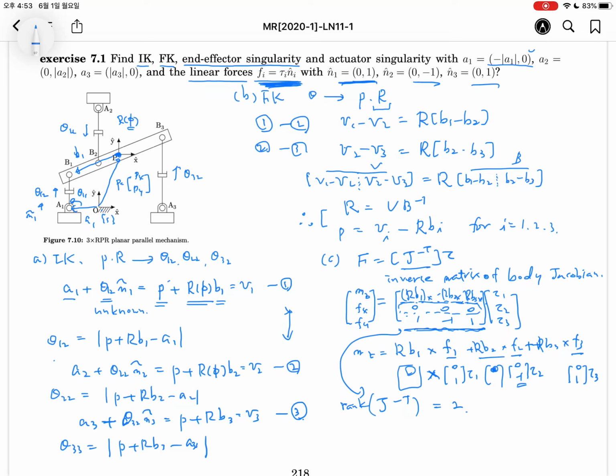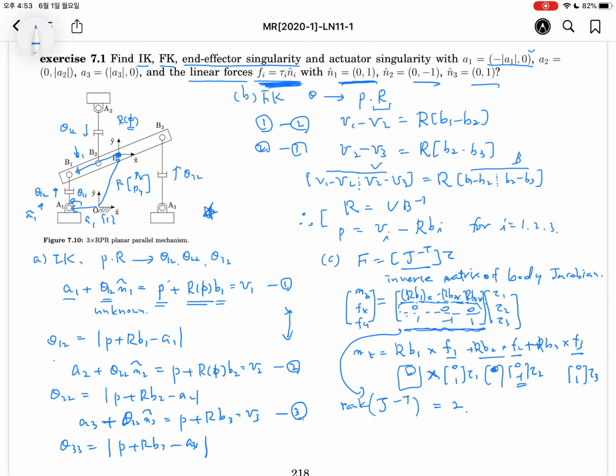Actually, it depends on the end effector position. If you change the end effector, the end effector singularity can be removed or added. So this configuration must be an end effector singular configuration. Do you understand? If you have any questions, let me know.